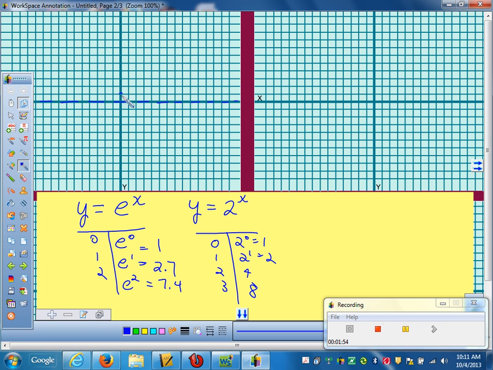You're just going to plot 0, 1, then 1, 2.7, then up to 7.4. Yes, e shoots up fairly fast. It flips identically to the way all the other ones flip. Everything's the same. Don't let e bug you. It's just that you have to know those couple of decimal values to plot e. Otherwise, it's exactly the same as every other exponential function.